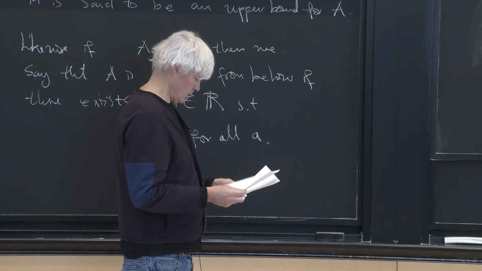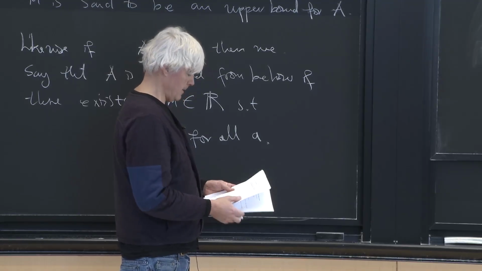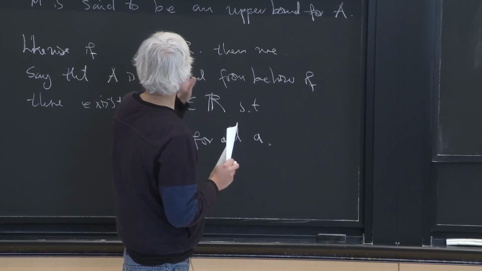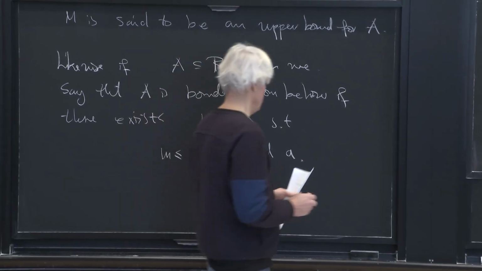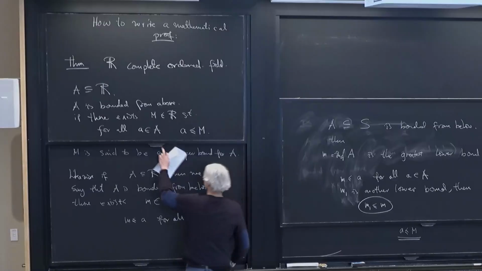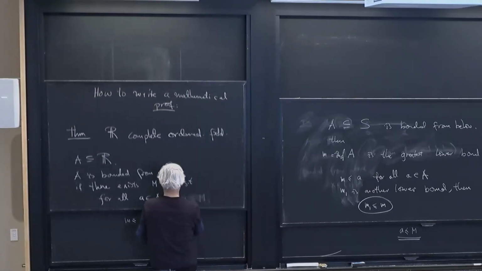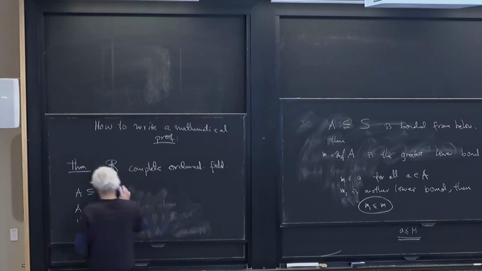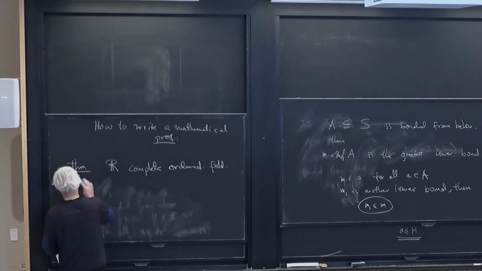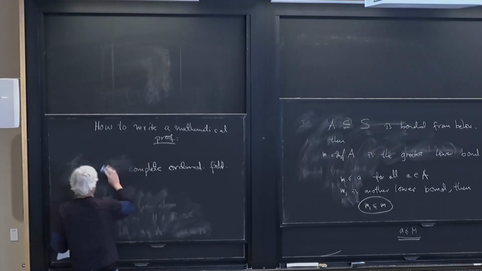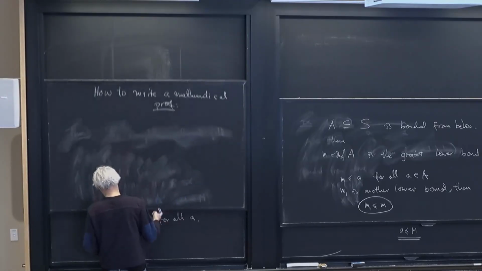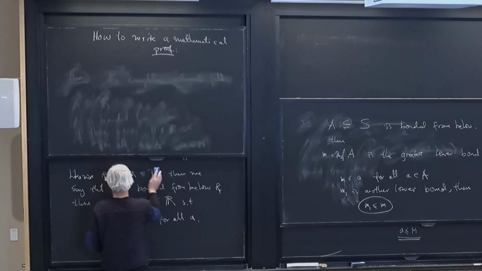Okay, so the next thing I want to get to is how to write a mathematical proof. That's a super important thing to learn in this class, and it's not just a formal thing.